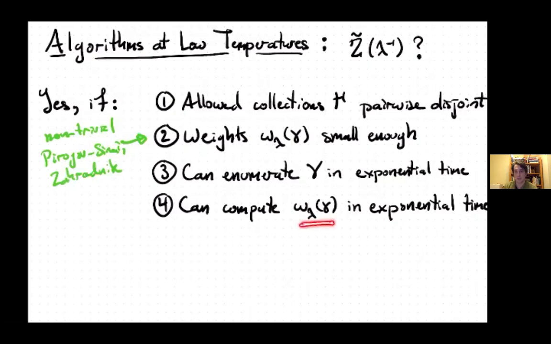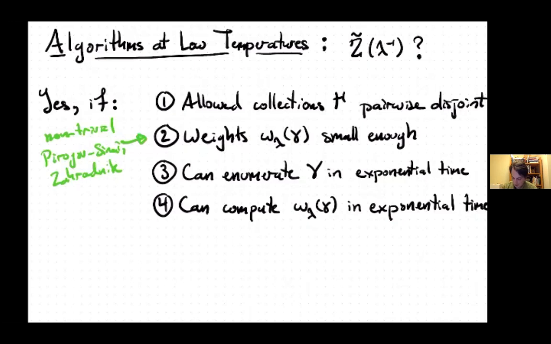So this W encodes the weight of deviations, and it will often contain partition functions in the weight. So the problem is that you're not going to be able to do it, because you can't exactly compute partition functions. This is the whole problem. We're trying to come up with efficient approximation schemes because we can't ask for exact computations of partition functions.